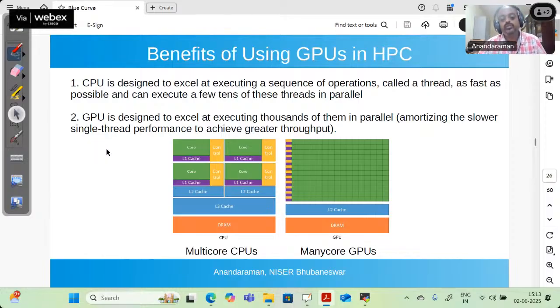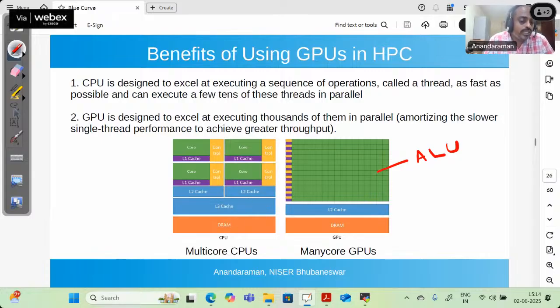Okay. So here is the difference between CPU and GPU. The green things are the ALUs, arithmetic and logic units. Here there are more ALUs, and here there are only 1, 2, 3, 4 cores, each with an L1 cache, control unit, L2 cache, L3 cache, and DRAM. This is the CPU architecture.